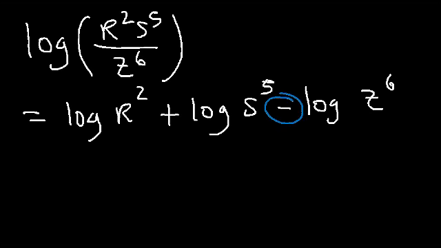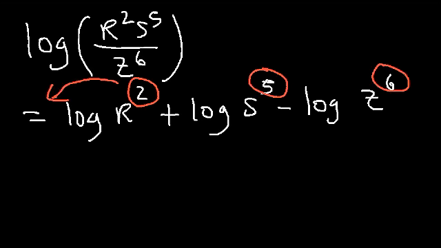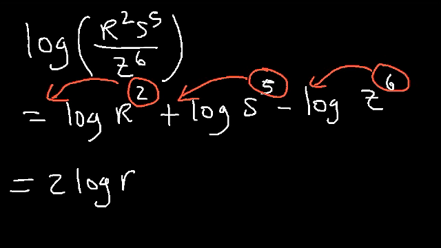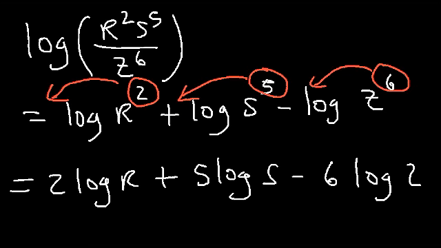We have a negative sign since z is on the bottom. Now what we need to do is move each exponent back to the front. So the final answer is 2 log r plus 5 log s minus 6 log z.